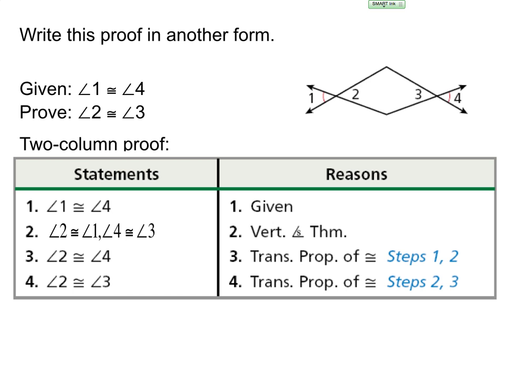Okay, line 3. Angle 2 congruent to 4. Transitive property. What can be put together with transitive to get 2 congruent to 4? Which of these 3 have the connection so that angle 2 is listed first, angle 4 is at the end, and the in-between connection drops out?